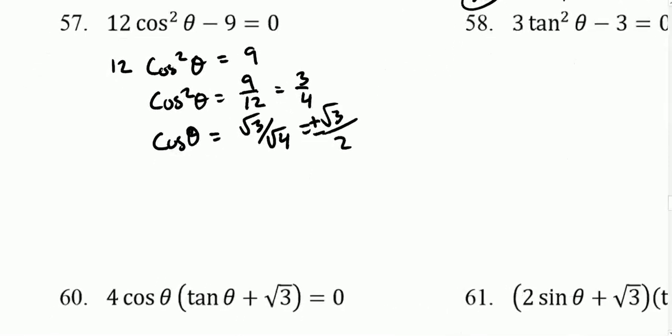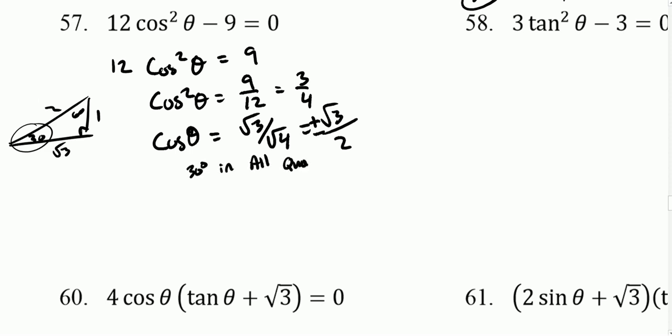57, we got plus or minus. Cosine, I'm going to draw my 30, 60, 90 again. Cosine is adjacent over hypotenuse, so I want root 3 to be adjacent. That's adjacent to 30. So we're looking at 30 degrees in all quadrants. So that's going to be the same answer we just looked at.